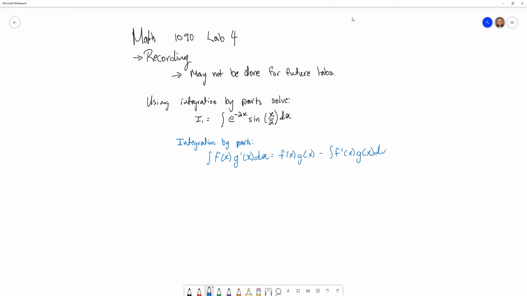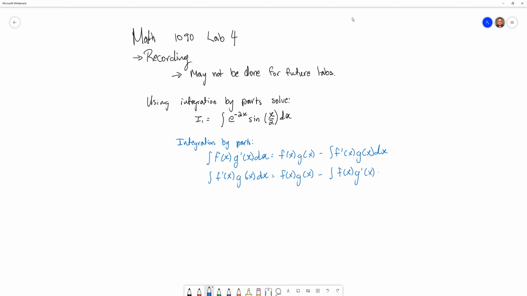It's a reverse of which one has a derivative from the start over here. And of course, you could rearrange this and have the integral of f prime at x, g at x, dx equal to f at x, g at x, minus the integral of f at x, g prime at x.